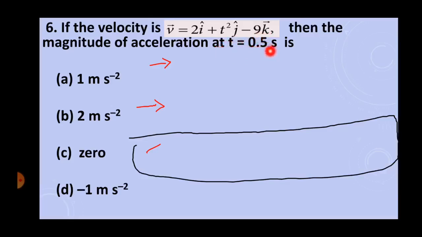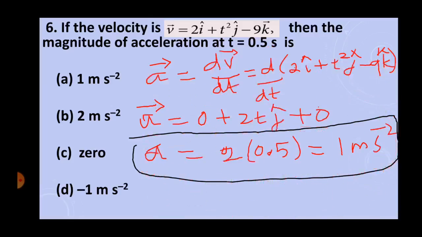Now tell me students, the acceleration of the particle a vector is equal to rate of change of velocity with respect to time. Therefore a vector is equal to dv by dt. What is the value of v? Now substitute here d by dt into 2i unit vector plus t square j unit vector minus 9k unit vector.